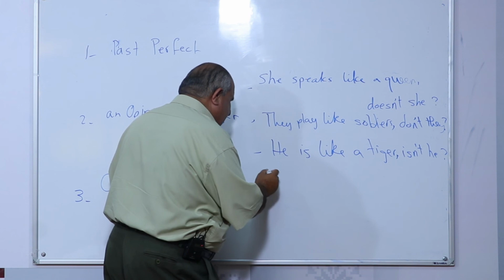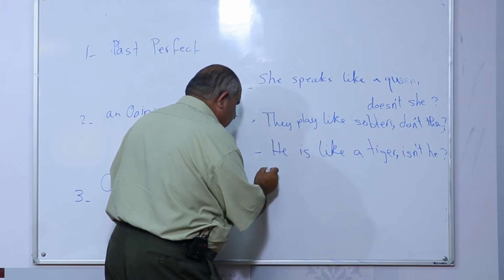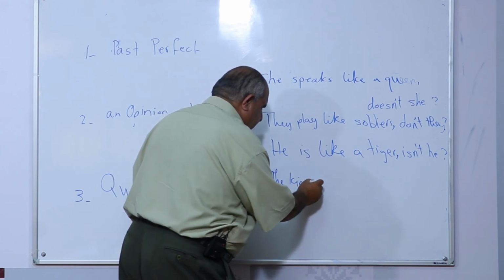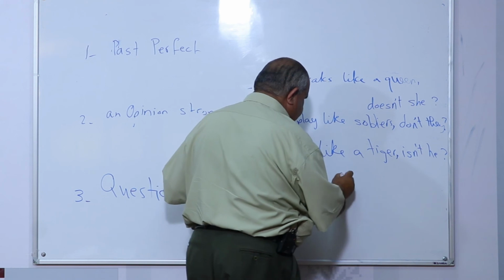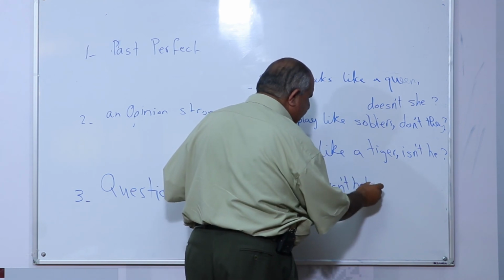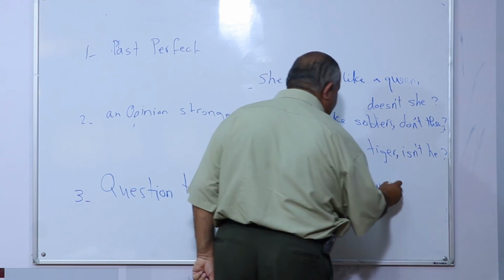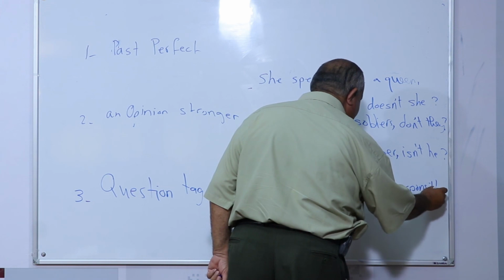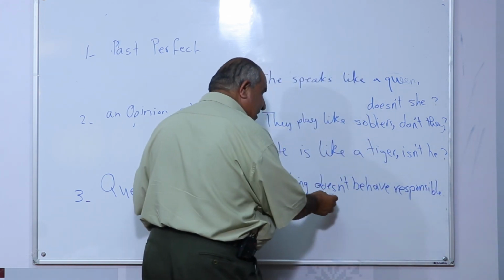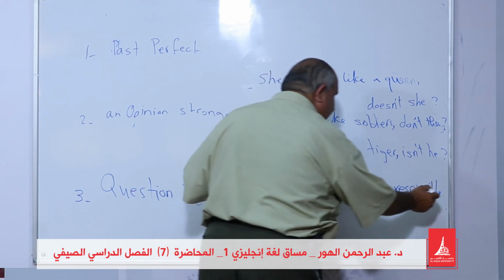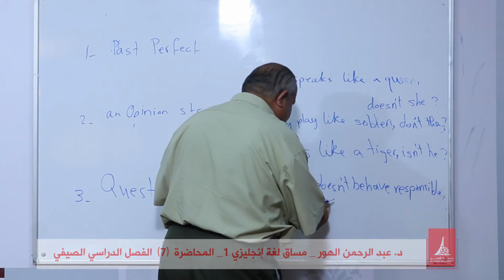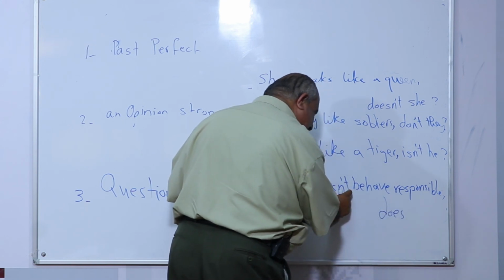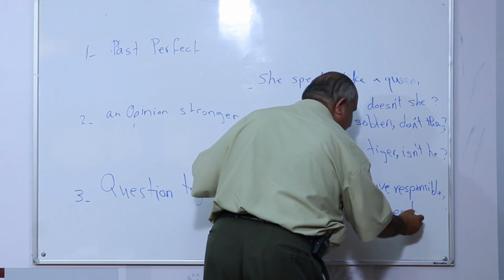We say, for example, the king does not behave responsibly. Look here, we have an auxiliary. The sentence is negative, so we use does without the negative. Now it becomes affirmative. We say, does he?